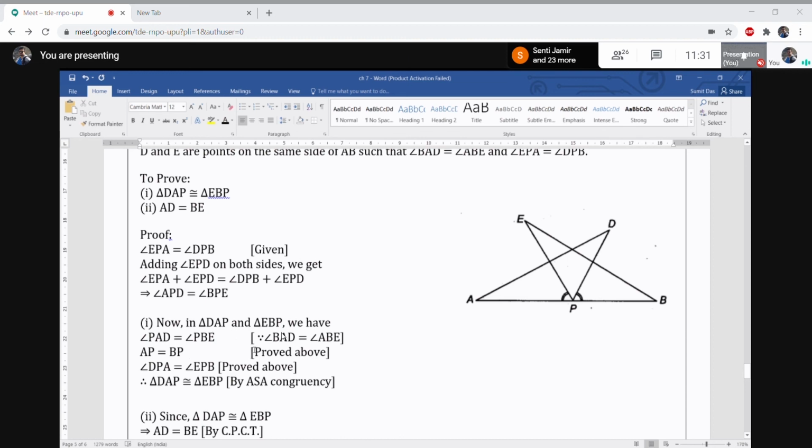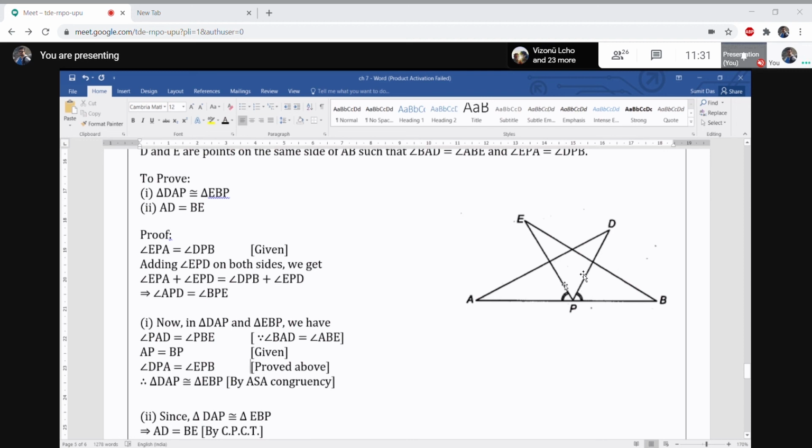AP equal to PB. Why? It is given because P is the midpoint of AB, right? Then DPA and EPB, these two angles are equal, as proved above. So we can say these two triangles are congruent. By which congruency?